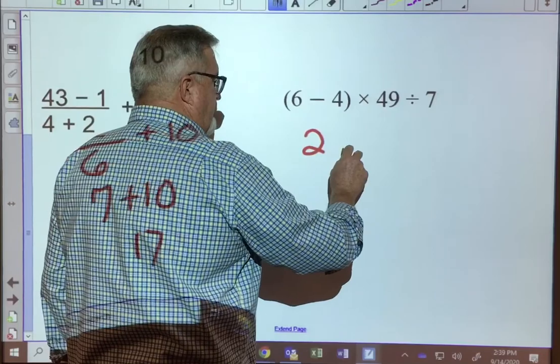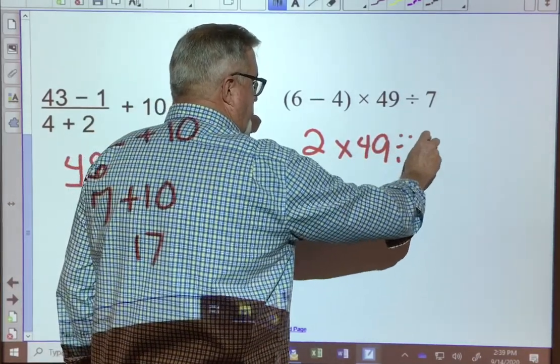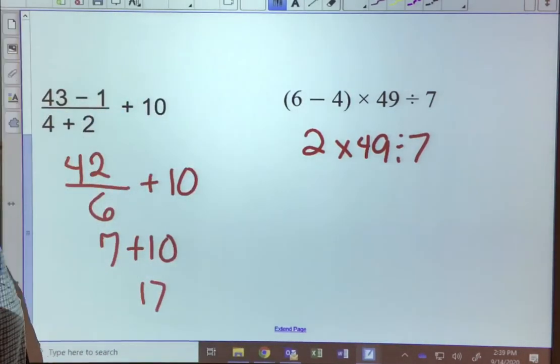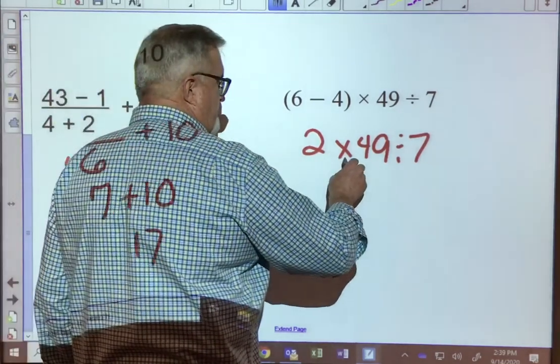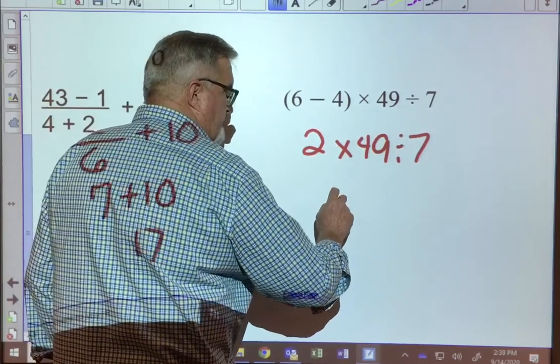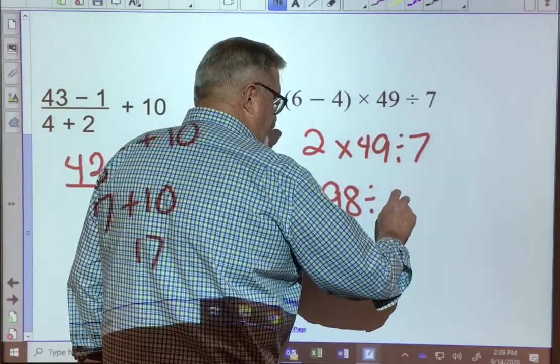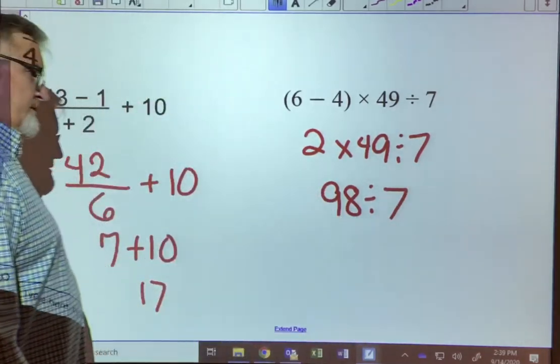So now I have 2 times 49 divided by 7. Well, I've got the multiplication and division. I'm going to do the multiplication first because it's the first one I come to going left to right. Well, 2 times 49 is 98. So I now have 98 divided by 7, and that's all there is.